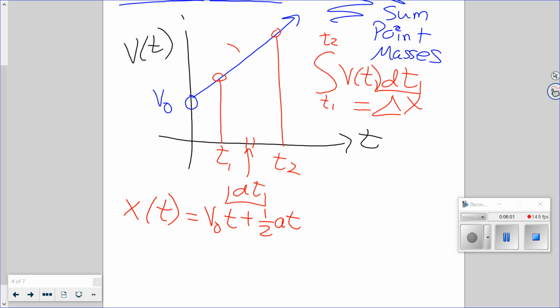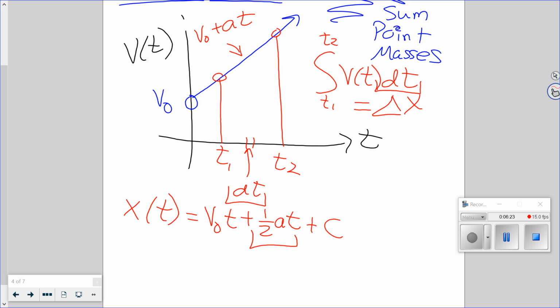I have a linear up function, right? v0 plus a t, there we go, a linearly increasing function. And now I have a quadratic plus a constant that we may or may not call x0. If I started at 1, maybe it's not x0. Okay, you with me so far?